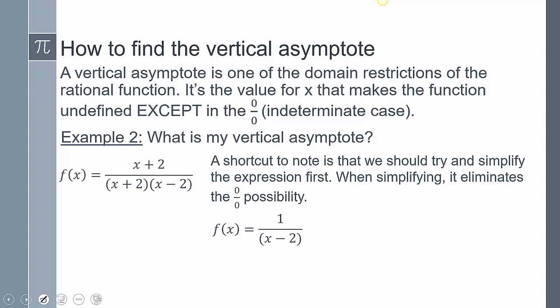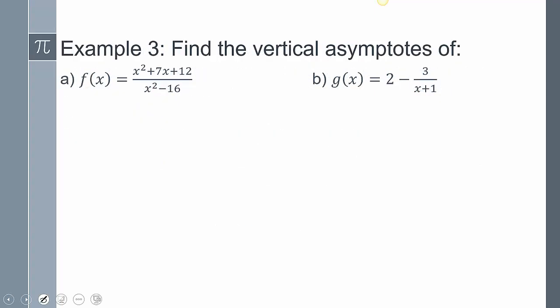Now, it's a good idea to cancel it out. So if you do see that you're able to reduce it, you should reduce it, and then you get 1 over x minus 2, and it actually eliminates that 0 over 0 possibility. So for example, if I wanted to find the vertical asymptotes here, I only have one right here, x cannot equal -1.